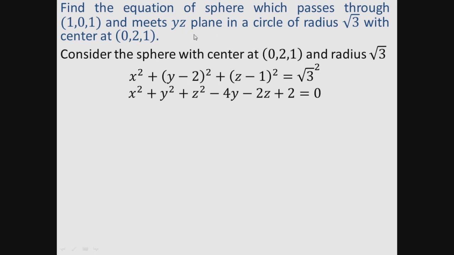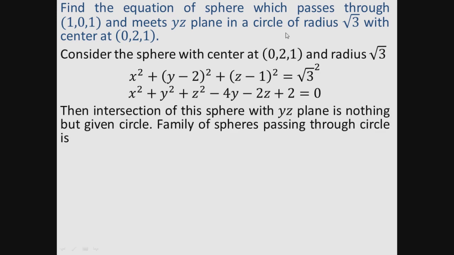So consider the family of spheres which pass through the given circle, and that is x square plus y square plus z square minus 4y minus 2z plus 2 plus lambda into the equation of plane, that is x equal to 0.